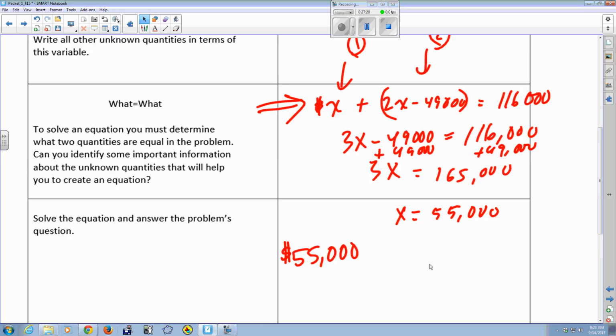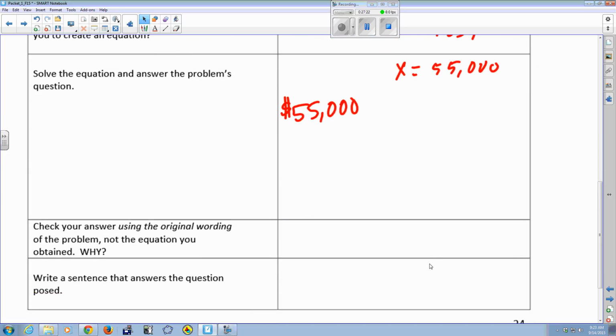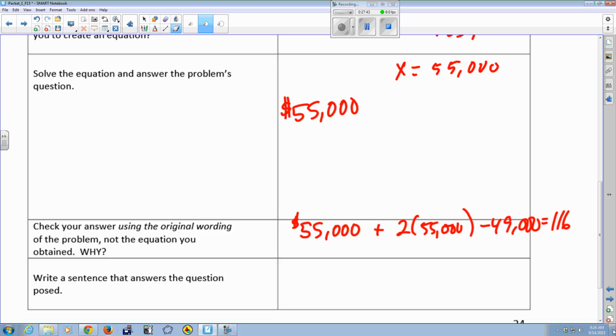So now that we know X is 55,000, you want to check your answer. So you say $55,000 plus twice 55,000 minus 49,000 is supposed to be 116,000.